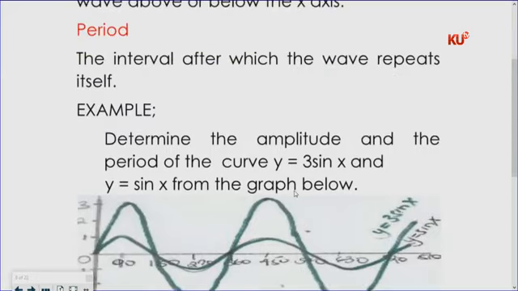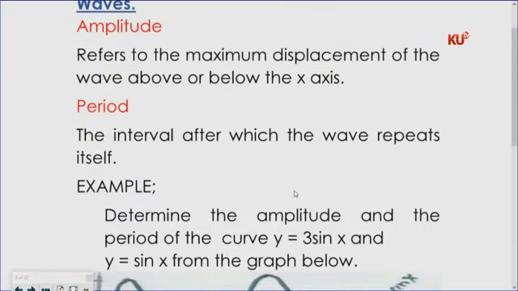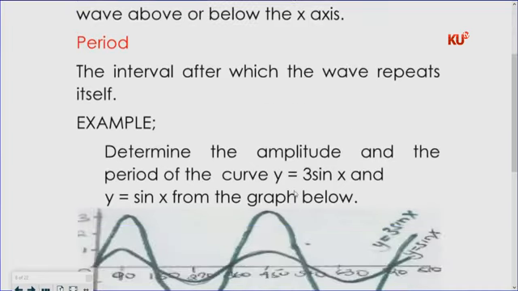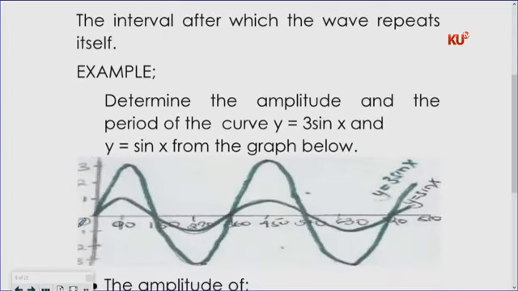As we had said, amplitude refers to the maximum displacement of the wave above or below the x-axis. So the maximum displacement that this wave has gone, we are looking at the maximum. This is the maximum point. And as you can see, the maximum here is 3.